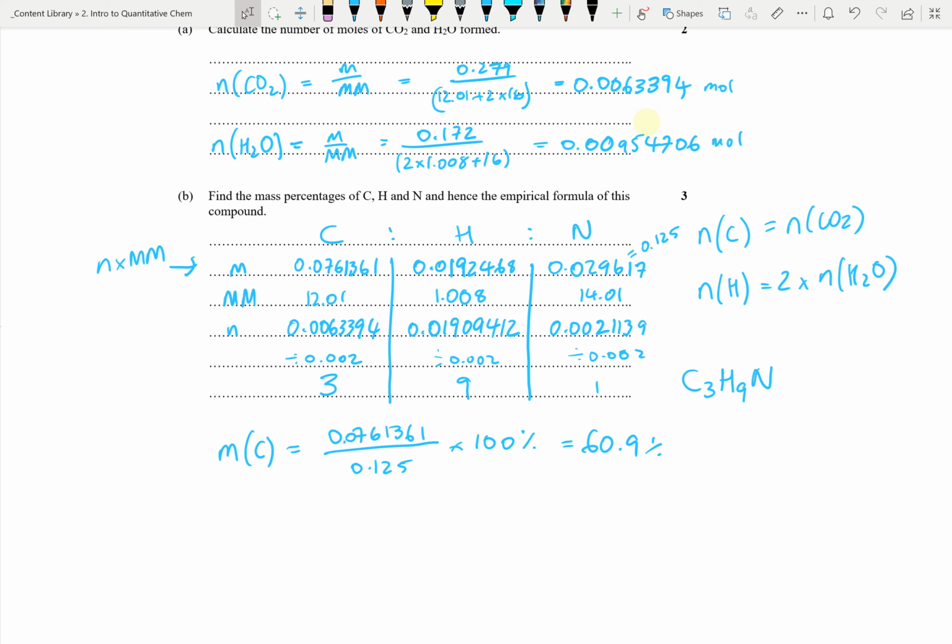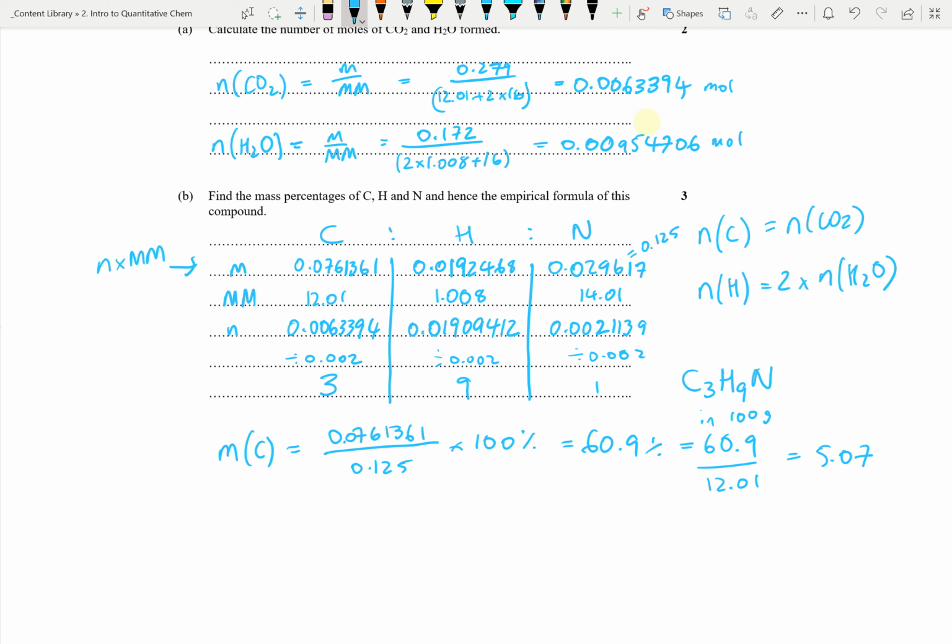And then if you had a 100 gram sample, that's 60.9 grams in 100 grams. You divide it by its molar mass and you get some kind of answer which looks like 5-ish. So 60.9 divided by 12.01 is 5.07.